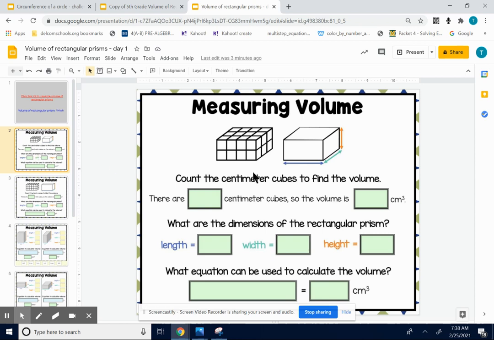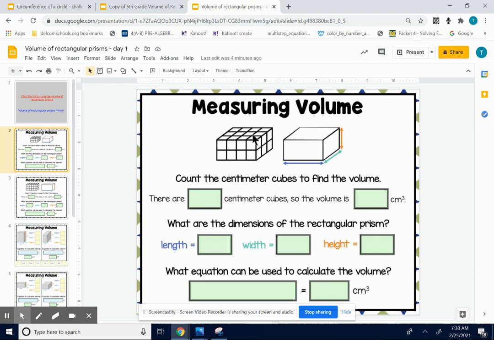Slide 2. Count the number of centimeter cubes to find the volume. Just like that visual we just looked at, there would be 4 and 3 as the length and the width, so there would be 12 cubes on the bottom. See, 4 times 3, think of that as the 12 cubes on the bottom layer.